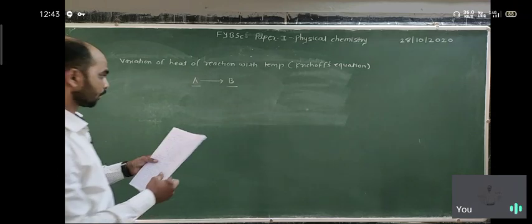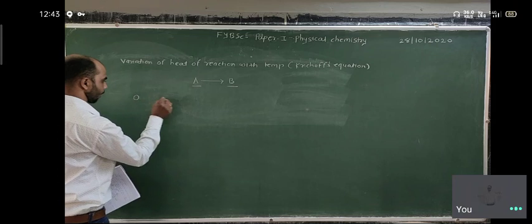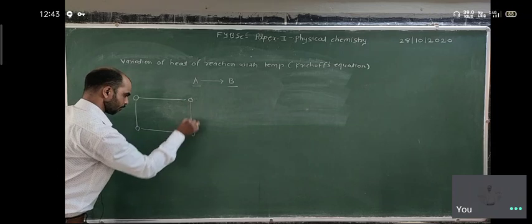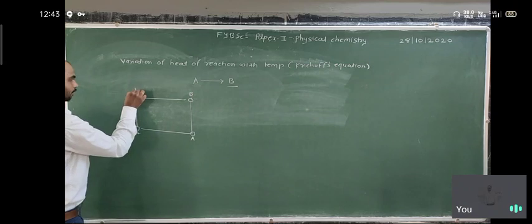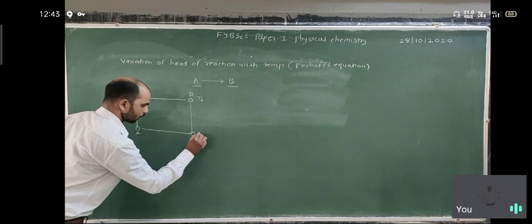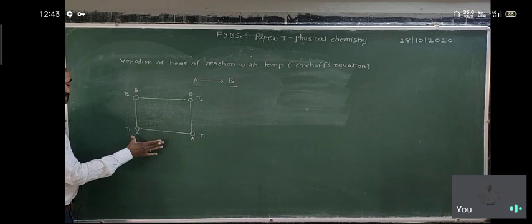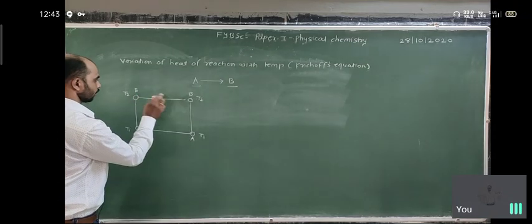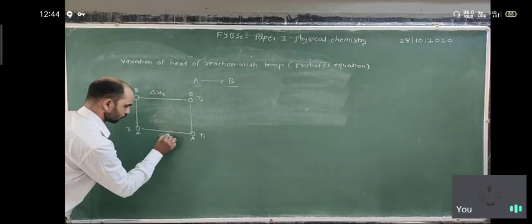It is a diagram given here. Here is a point A, in the book there is a mistake, here is a point B. At point B the temperature is T2, at point A on the reactant side the temperature is T1, and on the product side the temperature is T2. So here the change in enthalpy is delta H2, here is delta H1.